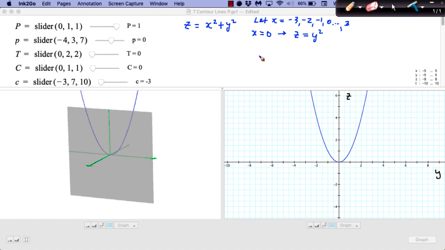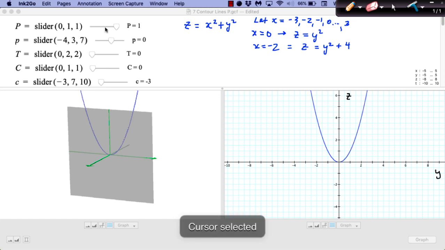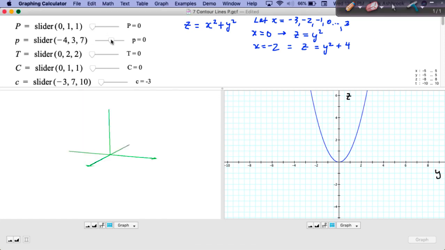So when x equals negative 2, we'll get z equals y squared plus 4. So what does it mean? It means that in the plane of x equals negative 2, we'll have the curve of y squared plus 4. So what is this curve? Like that, right?